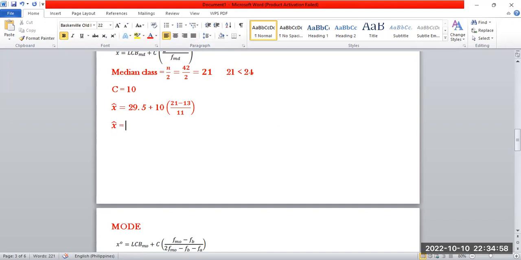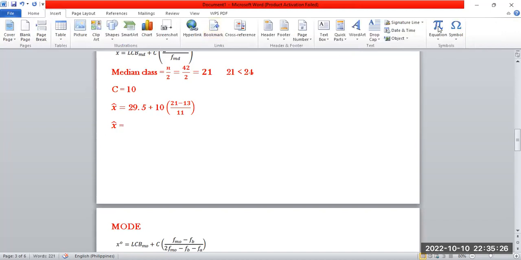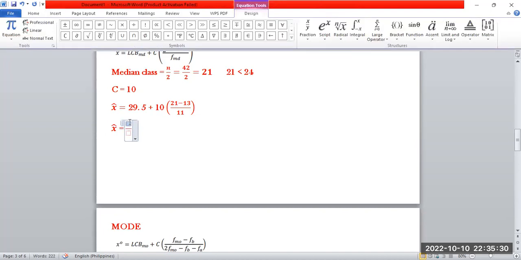When you enter that in the calculator, that is equal to 809 over 22, or that is 36.77272727.